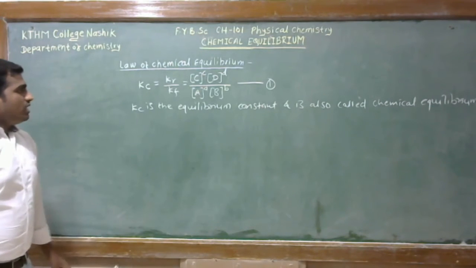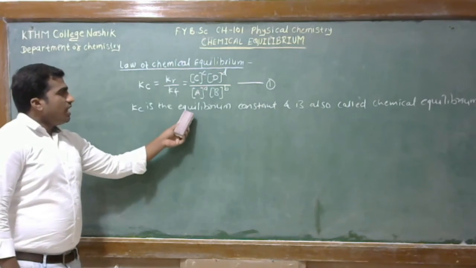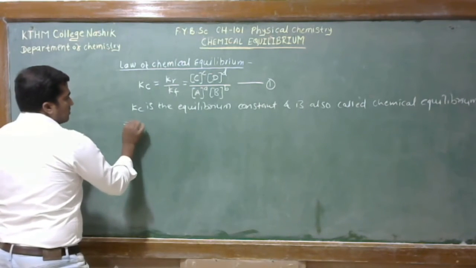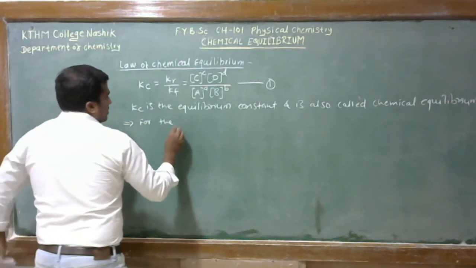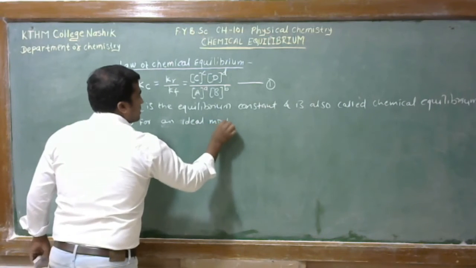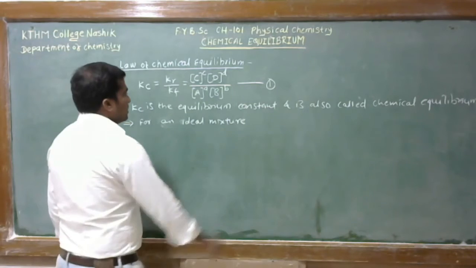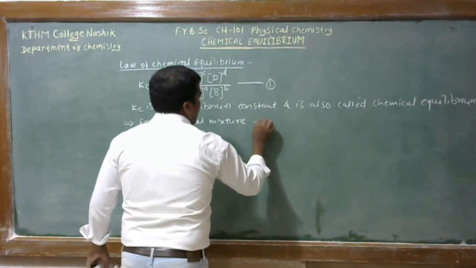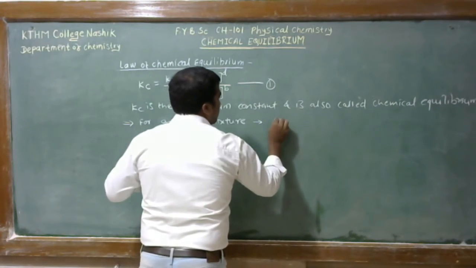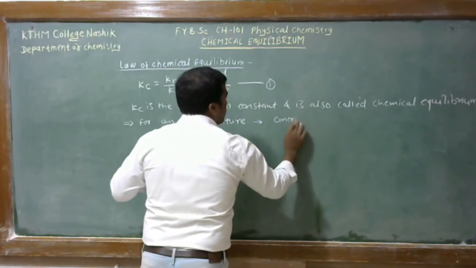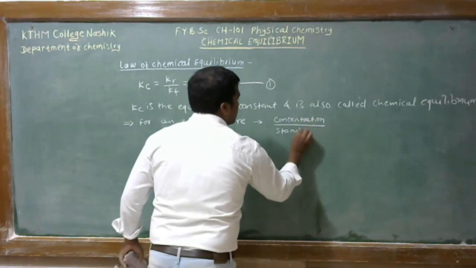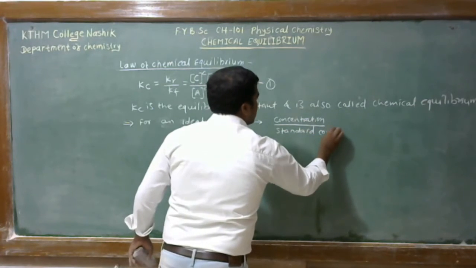So for the equilibrium constant in terms of activity, for an ideal mixture, the activity is the ratio of concentration to a standard concentration.